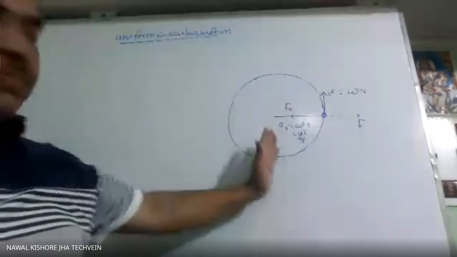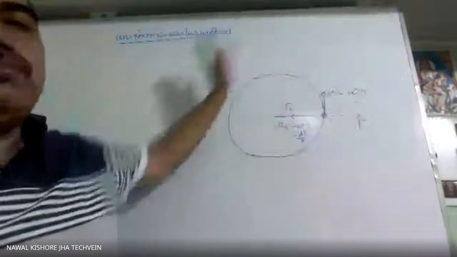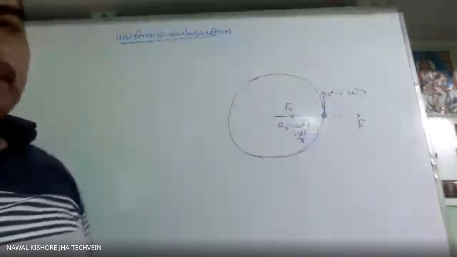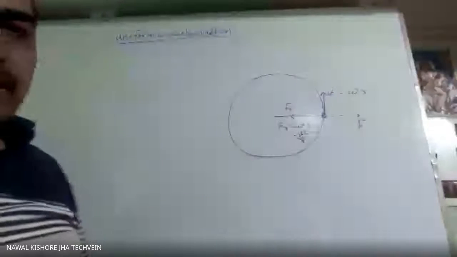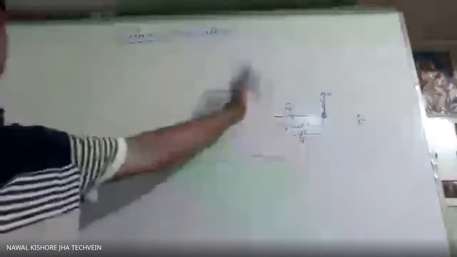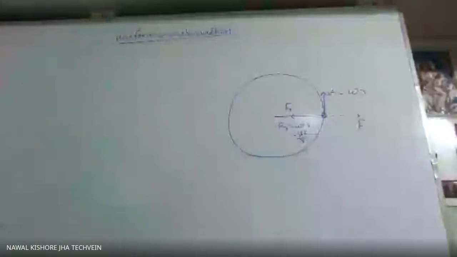If centripetal force is not able to balance centrifugal force, it will not be able to maintain this circular path. It will fly off along the tangent, and then depending on where it breaks from, it may follow the projectile path as we discussed in the previous chapter.